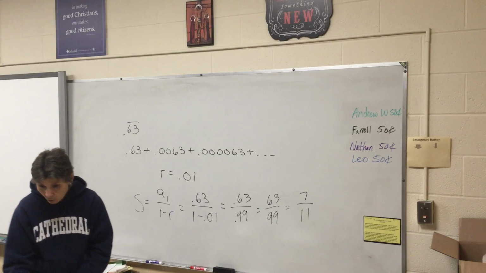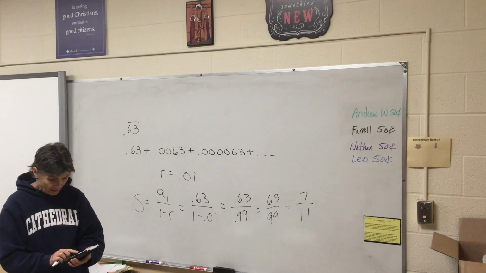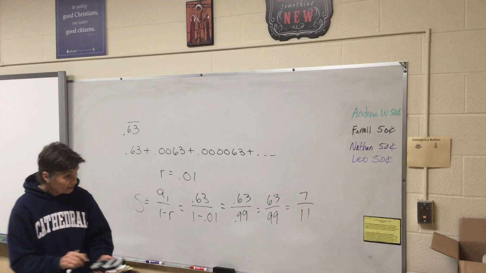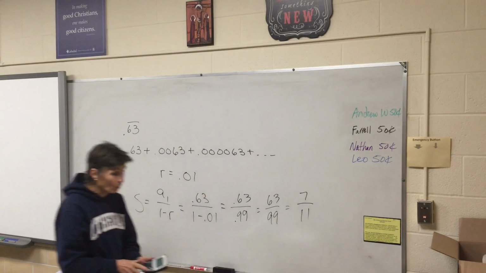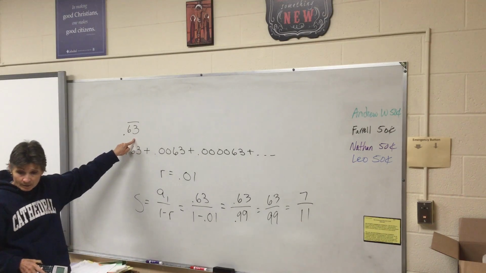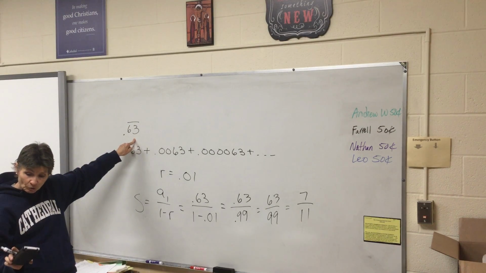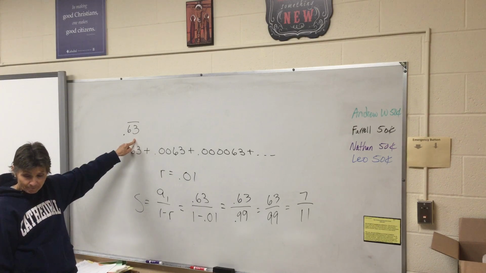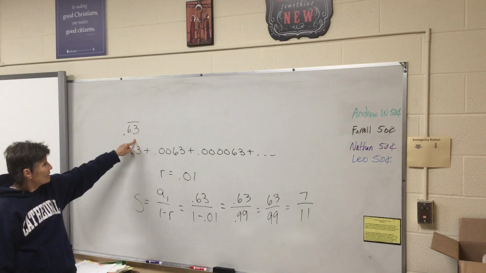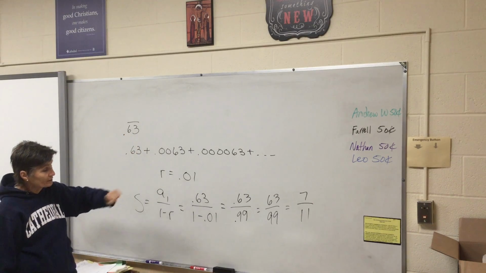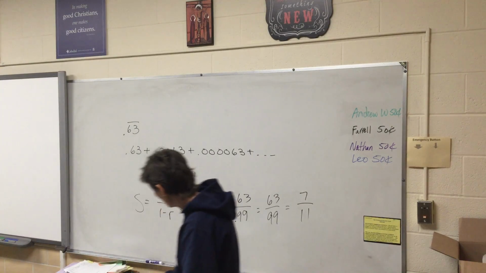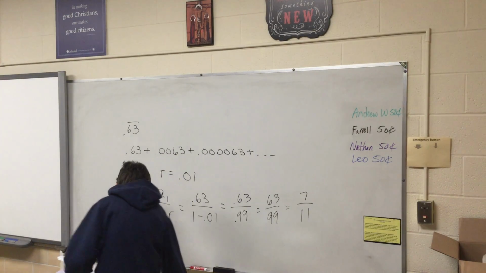Now, to check my work, I'm going to take my calculator, and I'm going to do 7 divided by 11. I'm typing this into my calculator, and what better happen? I better get my original problem. Did I? Yep. Which means we did it right. So that repeating decimal is actually 7 over 11.